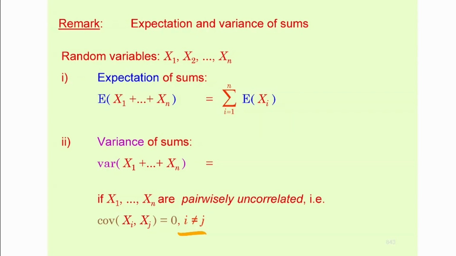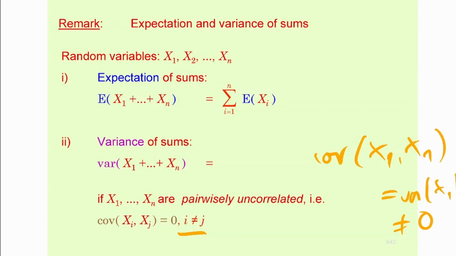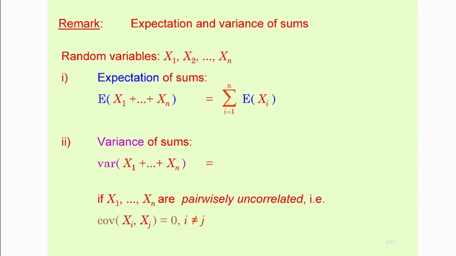Because if they are equal, then the covariance of, let's say, the first with itself is going to be the variance of the first random variable. That's not 0 in general, because then it would degenerate to a constant. You understand what I'm saying? So that's only true regarding the covariances if the indices are different.